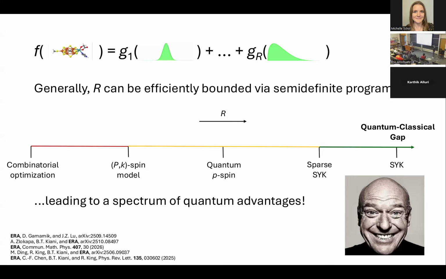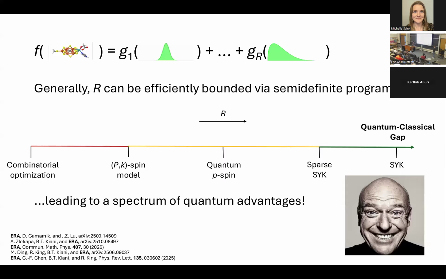It's a measure of frustration in your system induced by quantum uncertainty. What I mean by that, for something like the SYK model, or any of these models on the right, if you're interested in the ground state problem, you have some sum of terms, right? And there might be some frustration in finding the ground state of the full system, as it's not going to be the ground state of each of these terms individually.